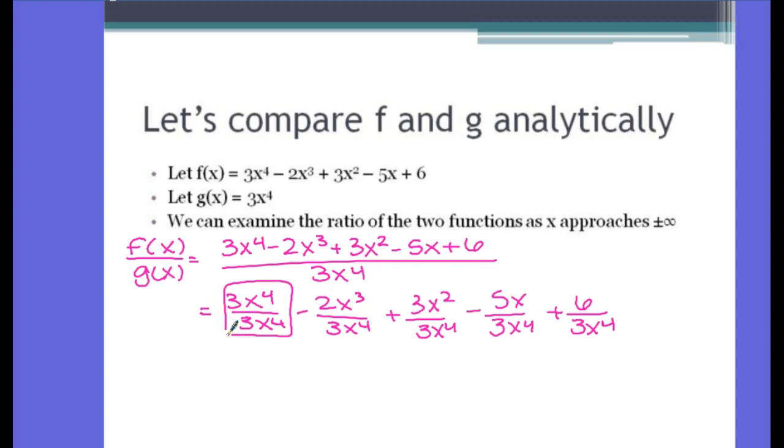Same thing divided by the same thing becomes 1 minus... So you get the idea that the ratios simplify out to this.